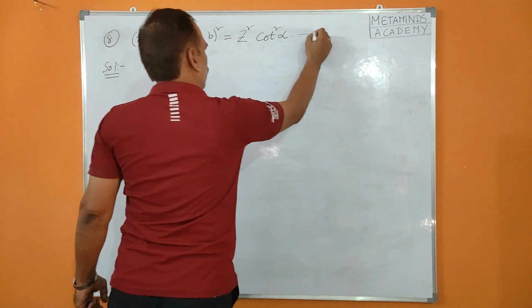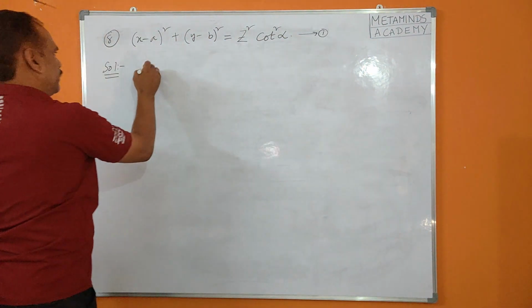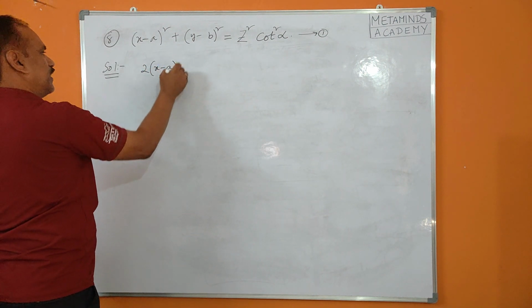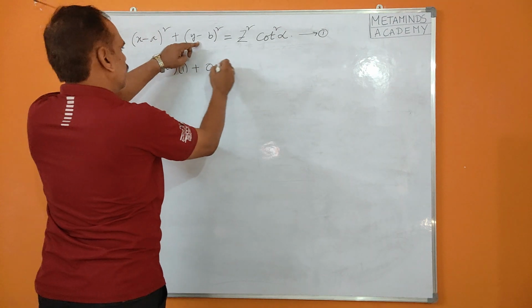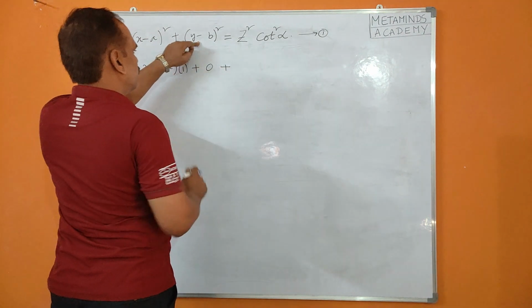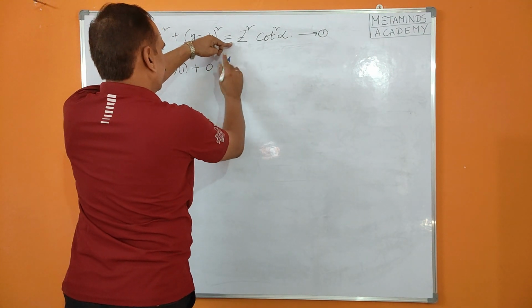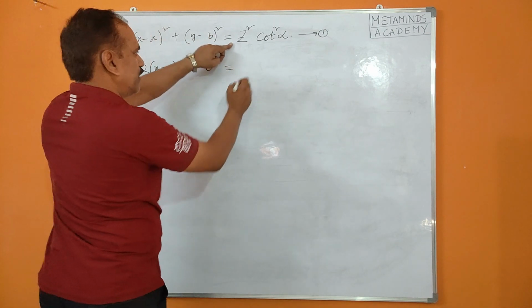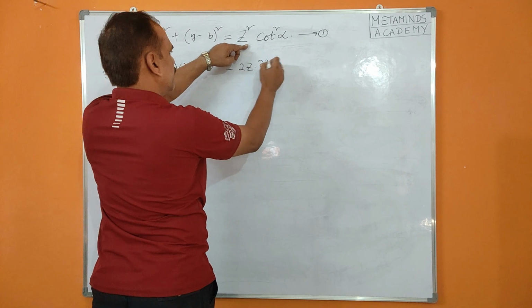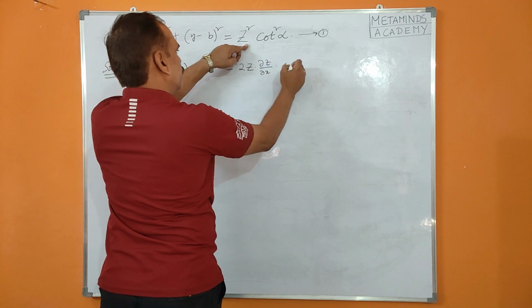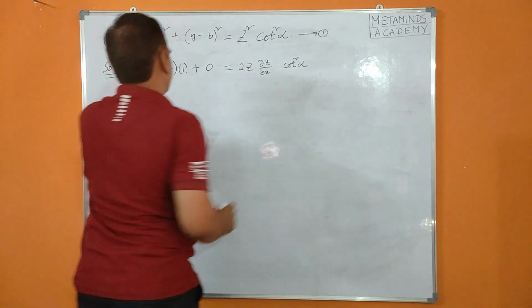Differentiate this equation 1 with respect to x: 2 into x minus a into derivative of x minus a, which is 1, plus 0, there is no x in this, equal to derivative of z square, which is 2z into dou z by dou x, into cot square alpha.